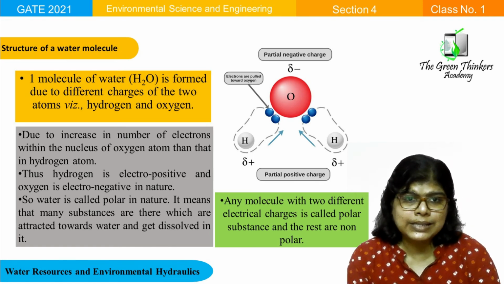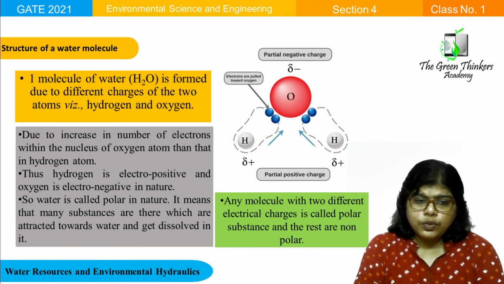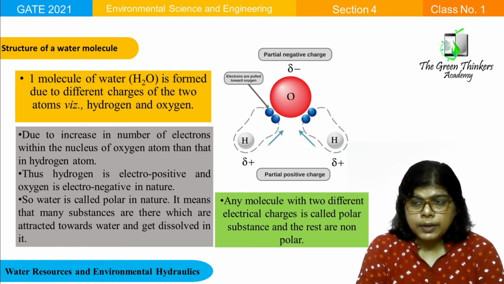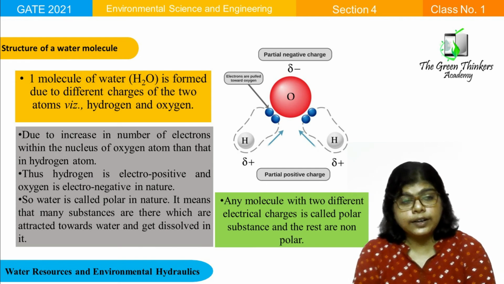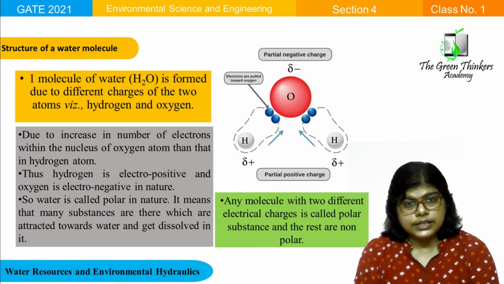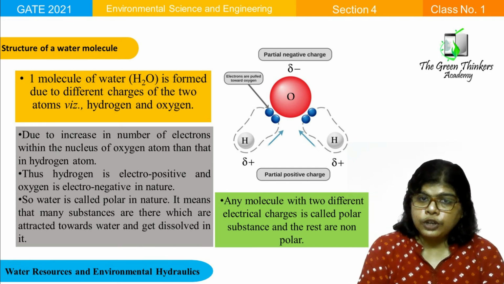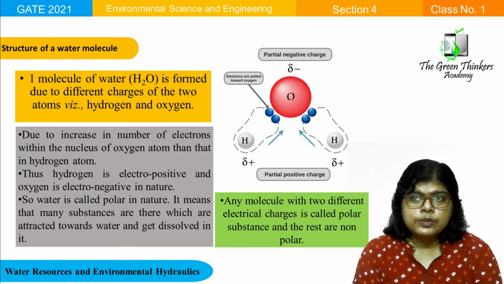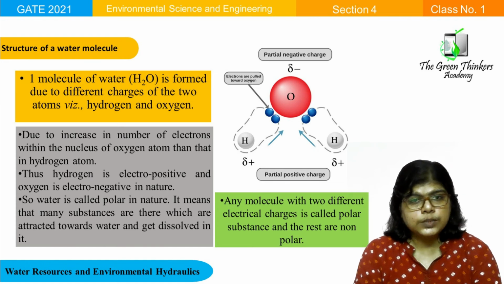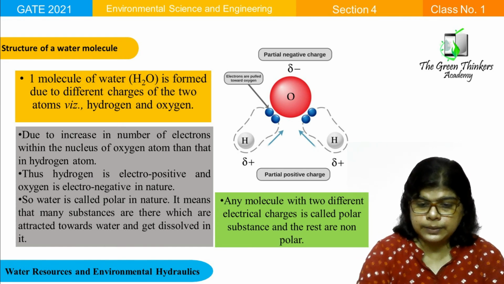Oil and water do not mix at all. A molecule is called polar if 2 different electrical charges are present, and the rest are referred to as non-polar. This is why water is a polar substance, because it has both positive charge and negative charge within.